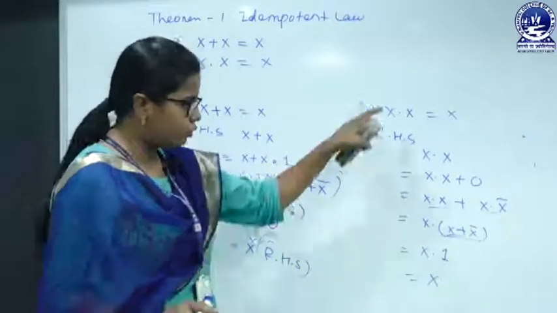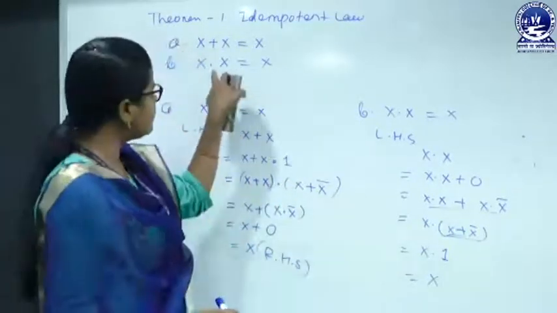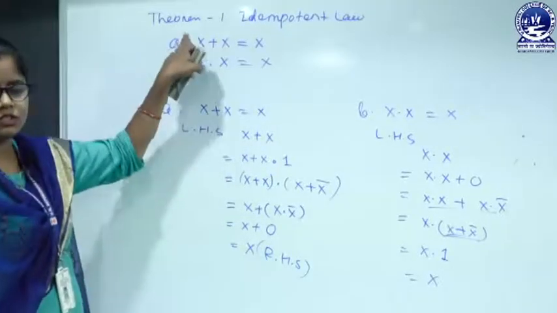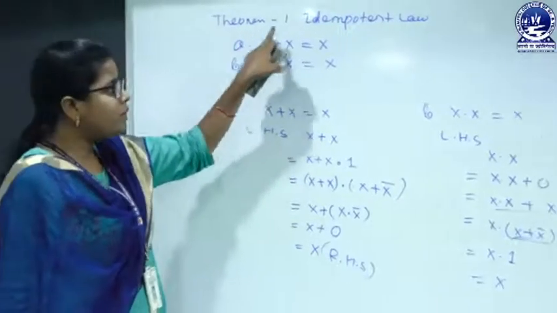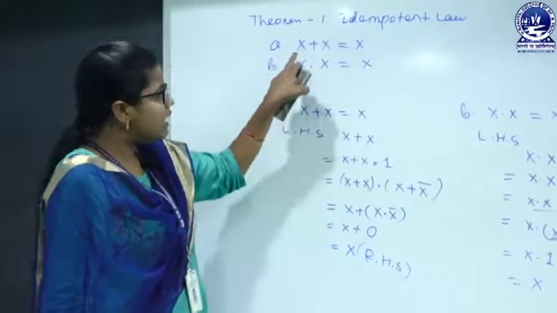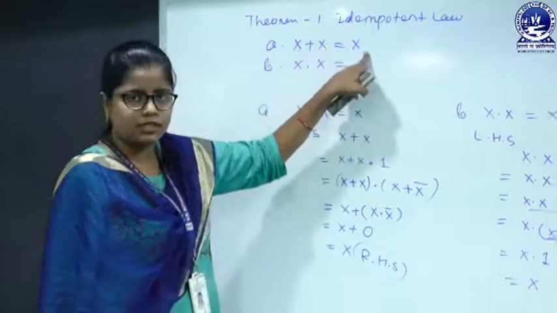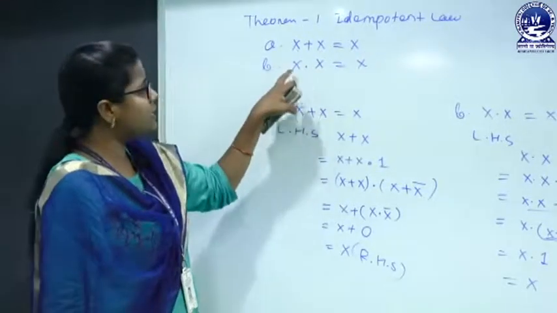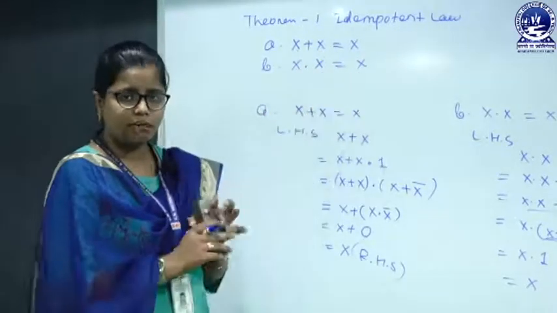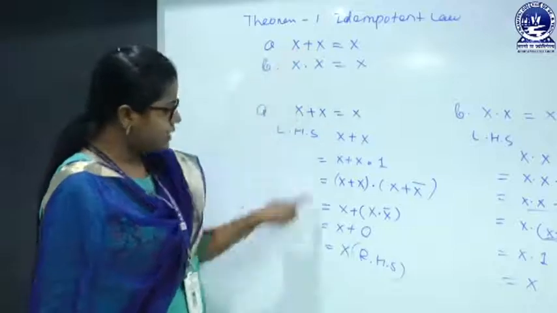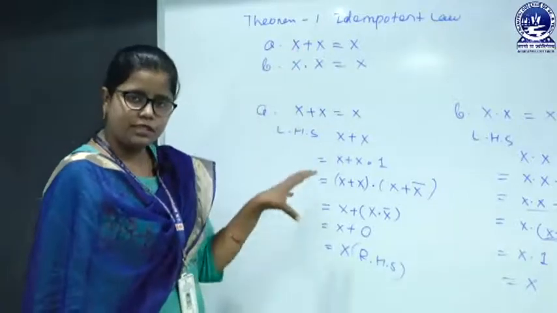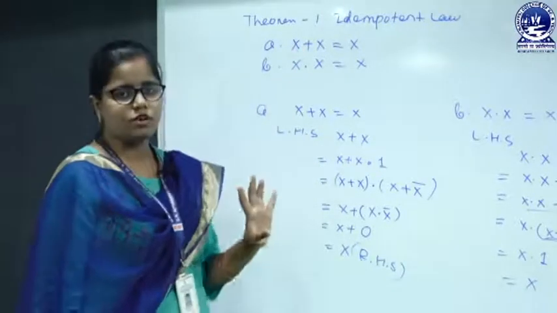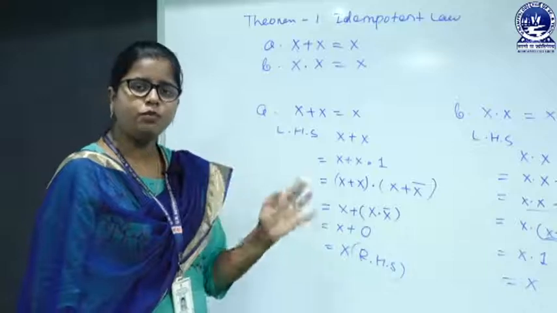We don't need to prove it again, because this is the dual form of this theorem. The idempotent law, part A, says x plus x equals x, and the dual form is x dot x equals x. So if we prove that this one is true, then by the principle of duality the second one is obviously true. So we don't need to prove it again.